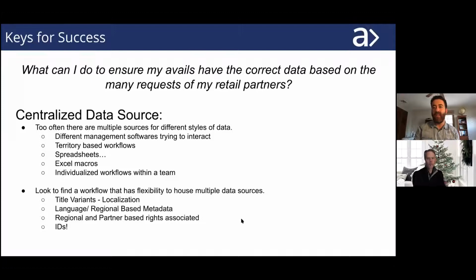IDs, we see a lot of ID inconsistency. We do write software all the time to help police that and help our retail partners get the exact data that they need, even when updates happen, and mitigate that confusion between a studio and a retailer. I'm sorry I didn't answer your question from a specific field standpoint.